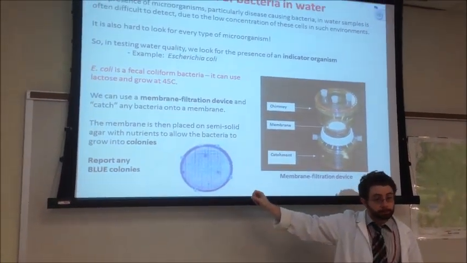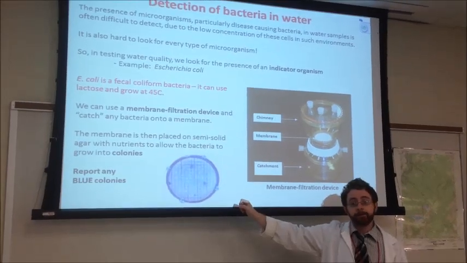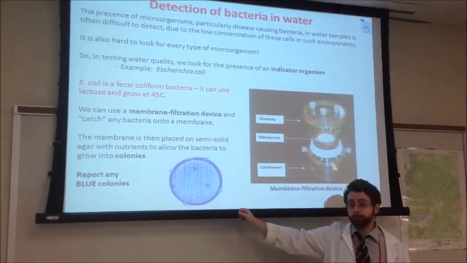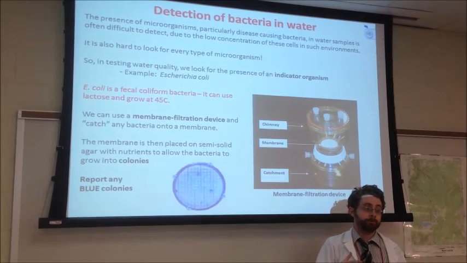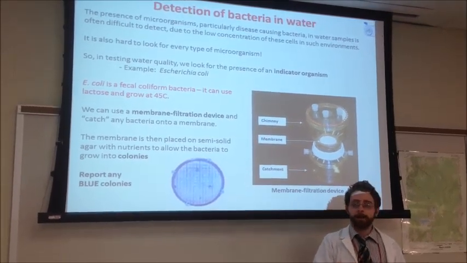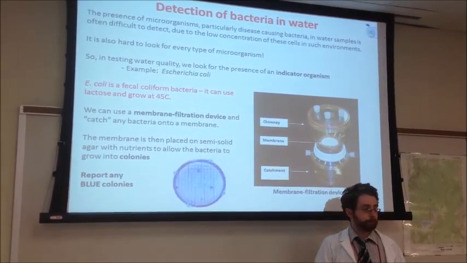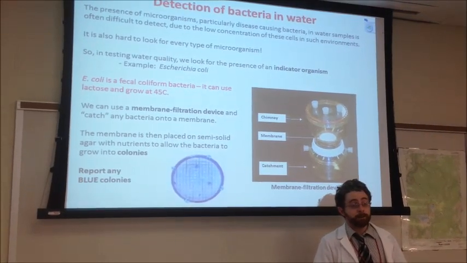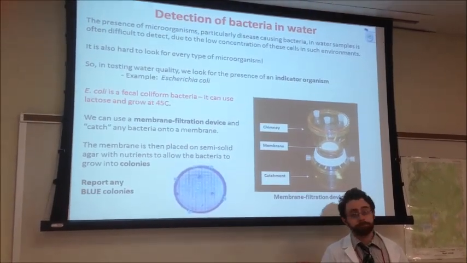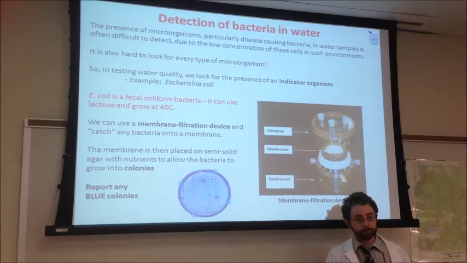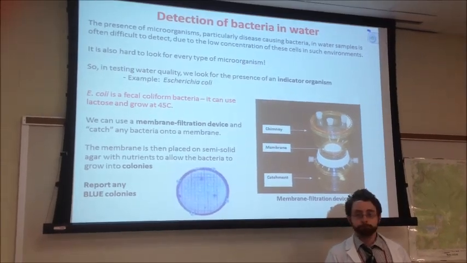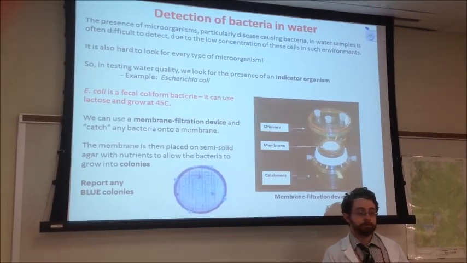If you see any blue colonies, that indicates that you have E. coli present, and therefore the water sample is contaminated with bacteria. You might see other colors as well, however, we're only interested in the blue colonies that show up. Any questions? You can stop it there.